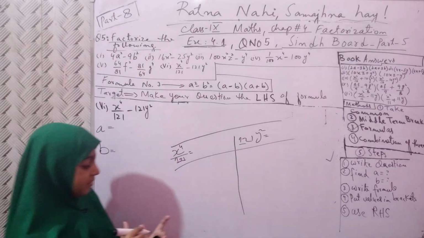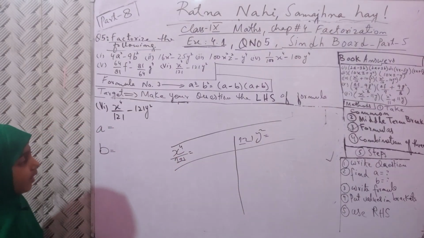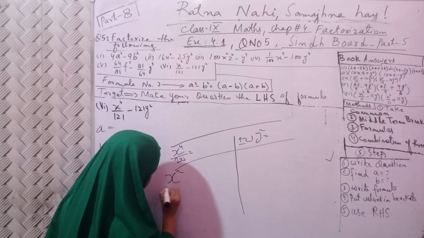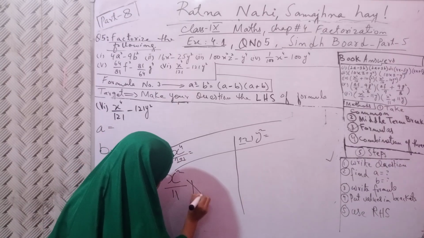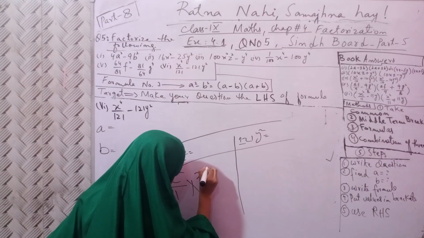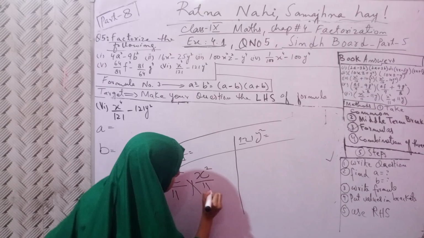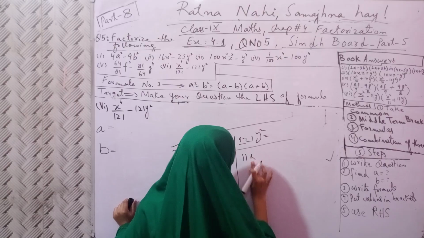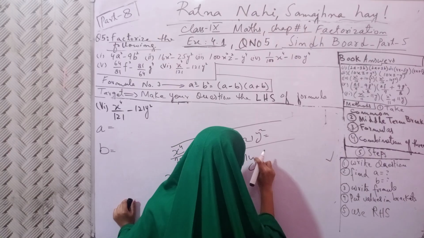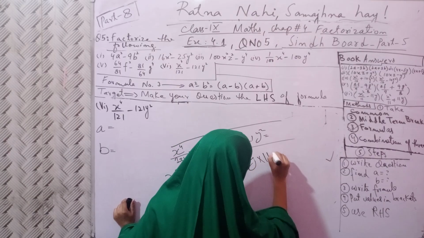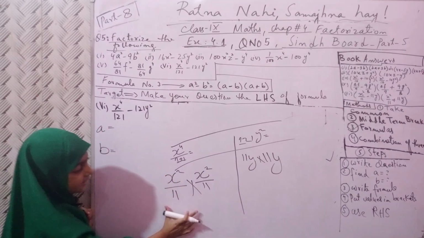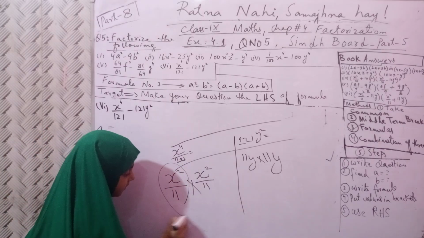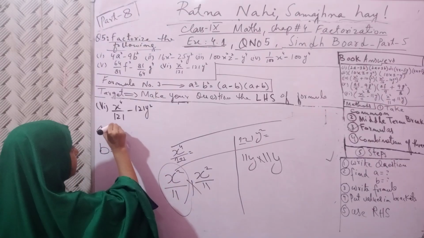Second, find AB value. In AB value, first of all, multiply by... and these are factors of x power 4, and this first factor will become out.